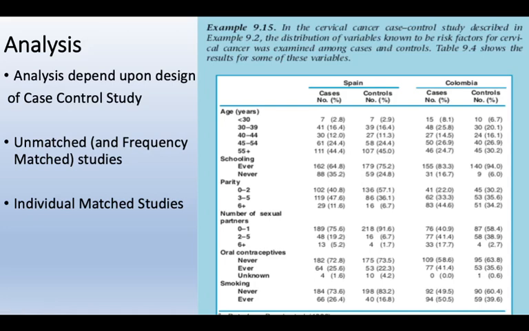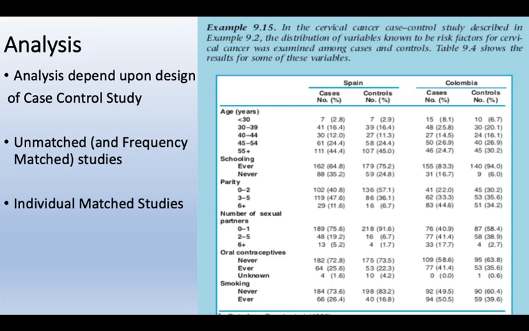If we look closely at the numbers for schooling, the number of individuals who ever visited school is 162 in the Spanish population, and in the Colombian population it is 155. And the number of individuals who never visited school among cases is 88 under the Spain column, and in controls 59.